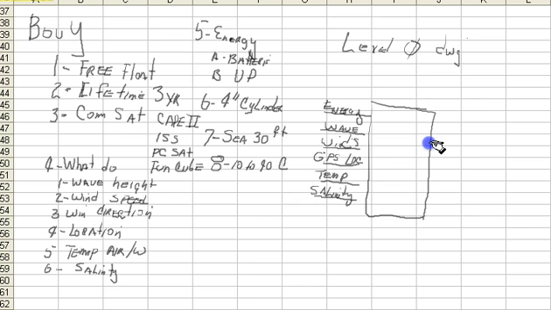Right, and the output is the comms to the satellite. And this is a level 0 drawing.